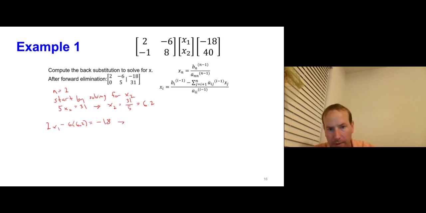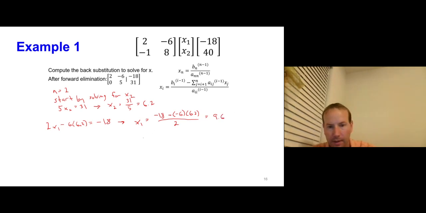And so we're going to rearrange so that x1 is negative 18 minus negative 6.2, divided by 2, because 2 was our coefficient out front, and that gives us 9.6.